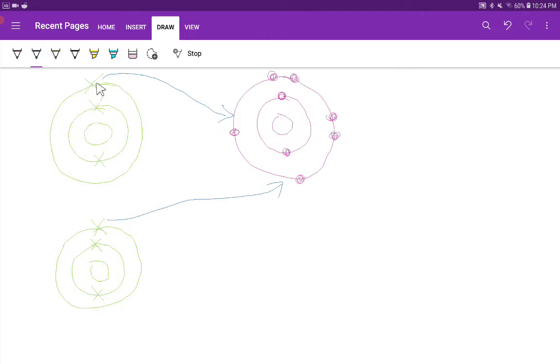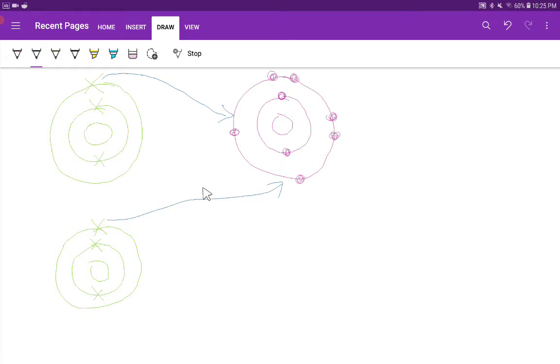Now that the 2 lithium atoms have each lost 1 electron, you're going to form 2 lithium ions. And the oxygen has gained the 2 electrons that it needed, so you're also going to have that ion forming right there.